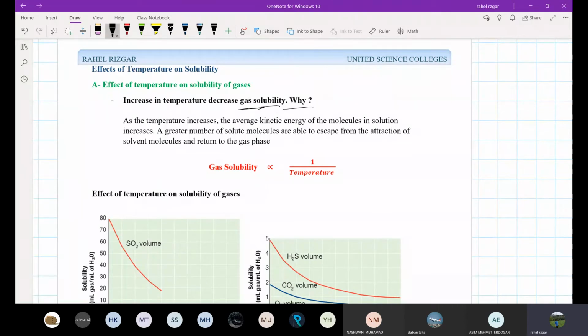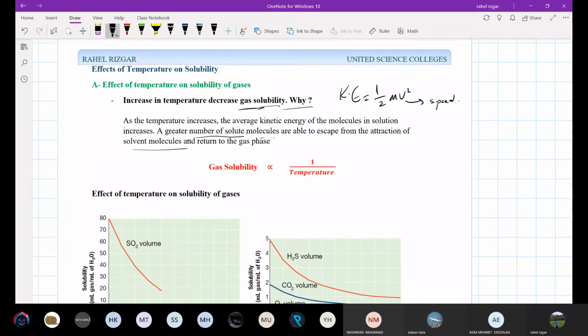Kinetic energy equals 1/2 mv squared, where v is speed or velocity. A greater number of solute molecules are able to escape the attraction of solvent molecules and return to the gas phase.